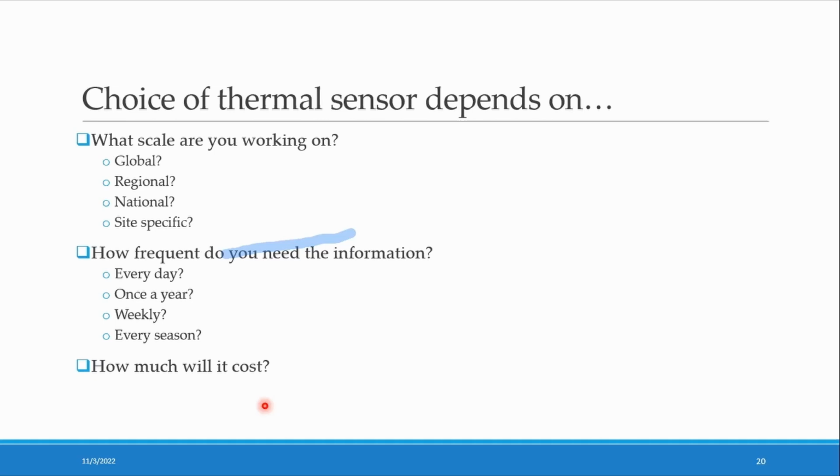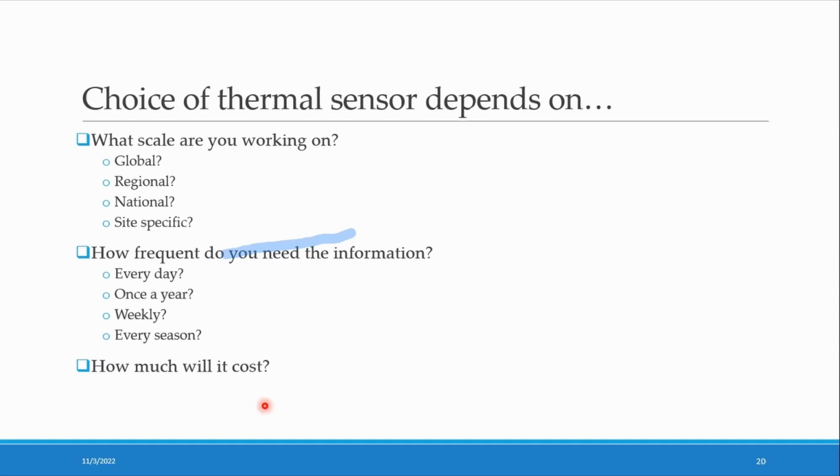I'm sure it is going to answer one of the questions that I was told was in the chat, which resolution is good for your thermal remote sensing application. I will not say 1 kilometer or 100 meters is good, but what I will let you know is that how good a resolution is depends on these three main things.